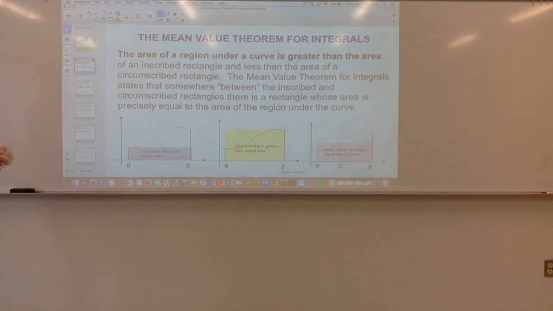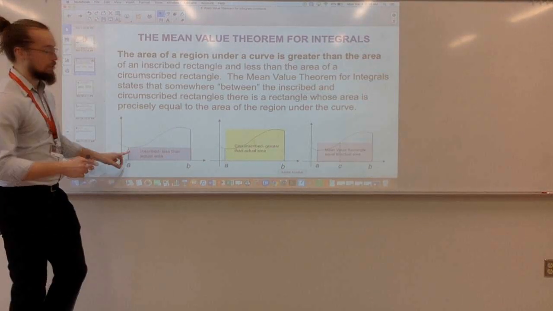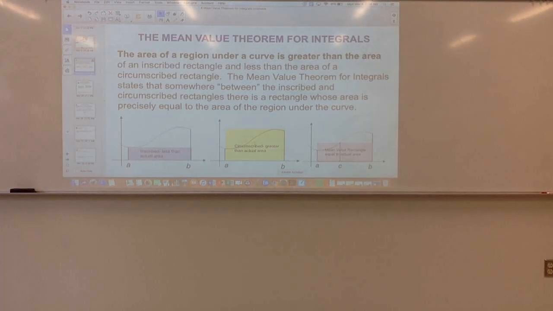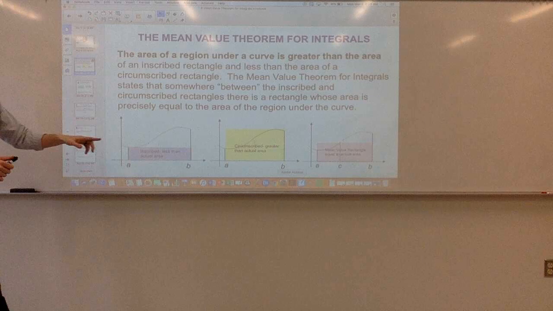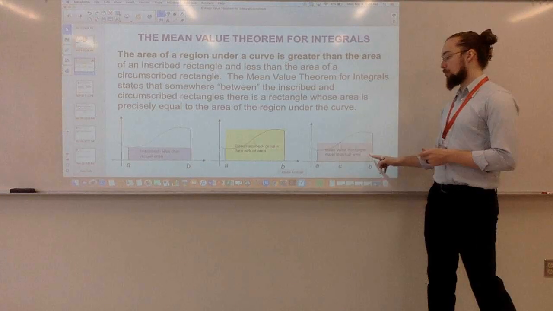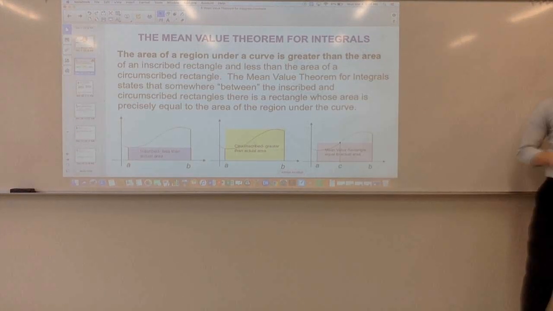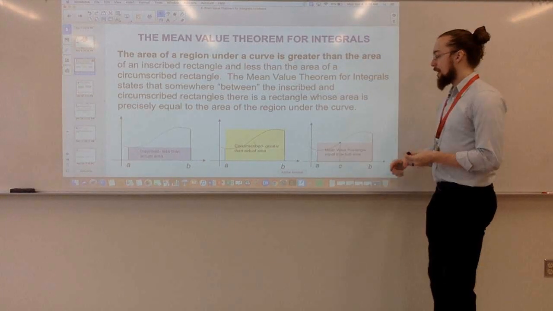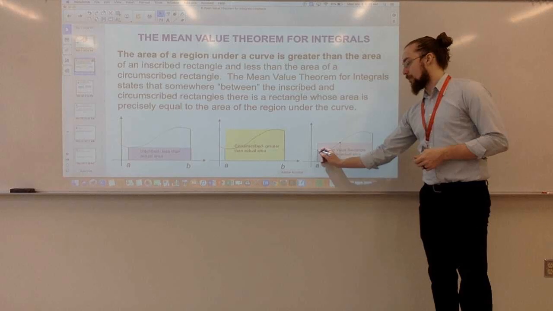The mean value theorem says that somewhere in between these two values, this area of an inscribed rectangle and this area of a circumscribed rectangle, there is an x value that will correspond to the exact area under the curve. So I can draw a single rectangle and say this rectangle is equal to this exact area under the curve.